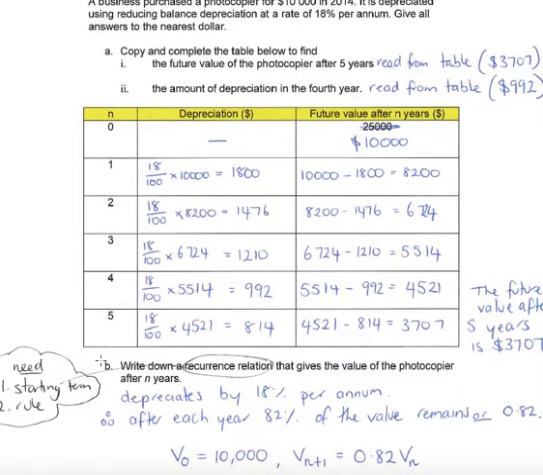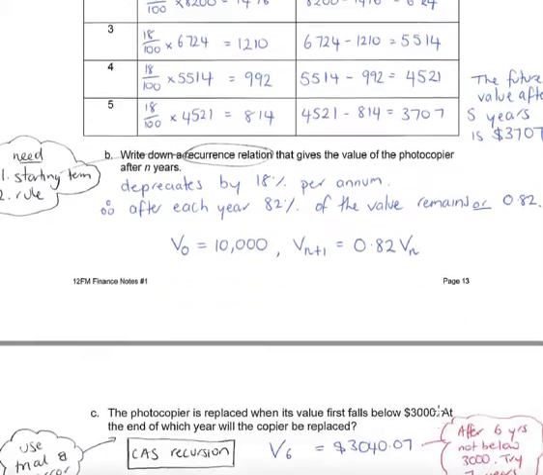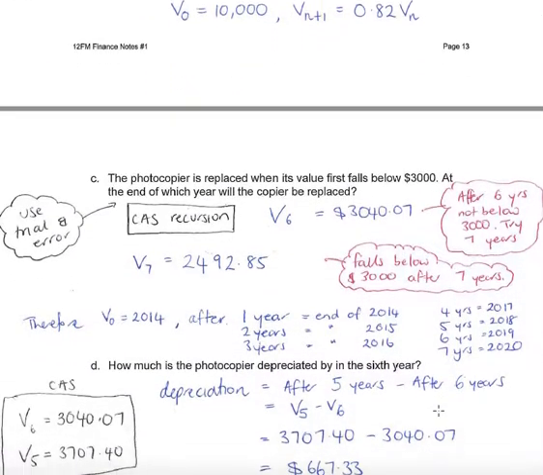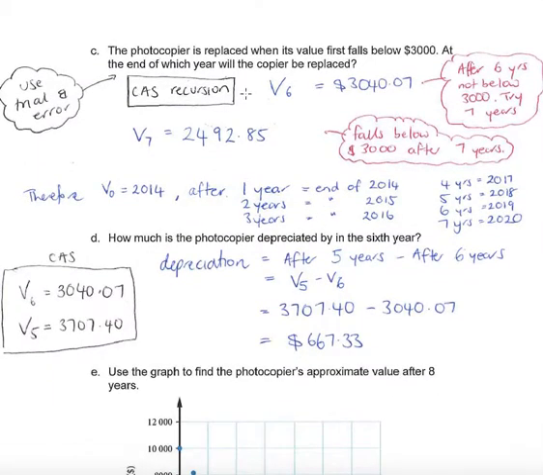We have a starting term, which is our 10,000, and the next year, the year that we're looking at, uses the year prior to it, and we multiply that by 82%, because the value of this year will be 82% of the year before it. If we use that general formula, we can start to find the future value after more years, so after 6 years, 7 years, 20 years, whatever.